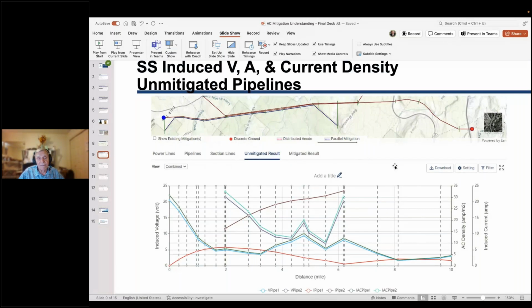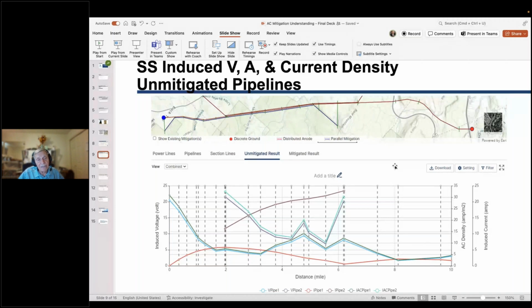what's going on here. And this is what we call the unmitigated steady state volts, amps, and current density. And where's the current density? Well, the volts for pipe one is the blue one, and I'm going to focus on the current density over here.